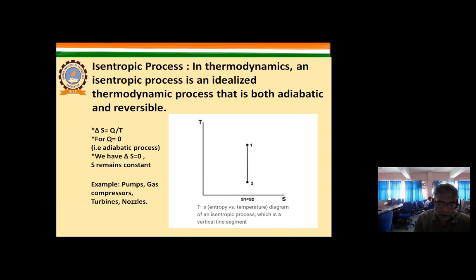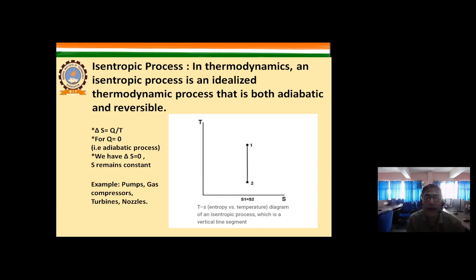In this process, there will be no change in entropy. That's why delta S is equal to Q by T. For Q equal to 0, that is an adiabatic process, we have delta S is equal to 0. That's why S remains constant.